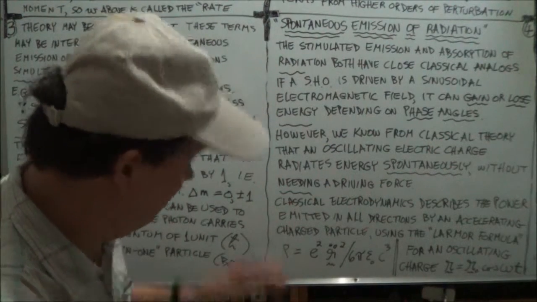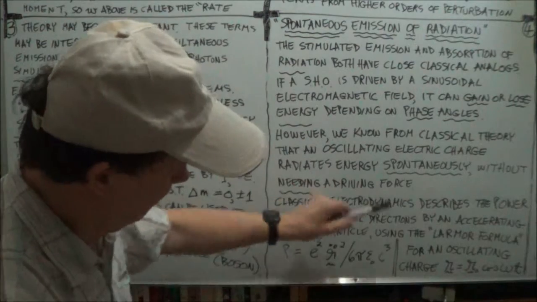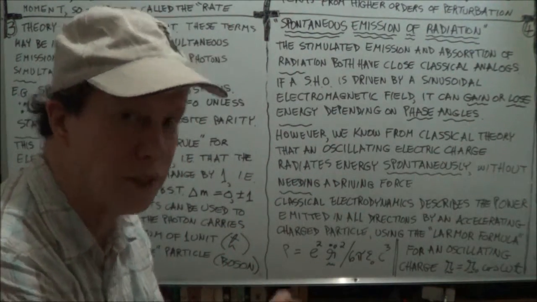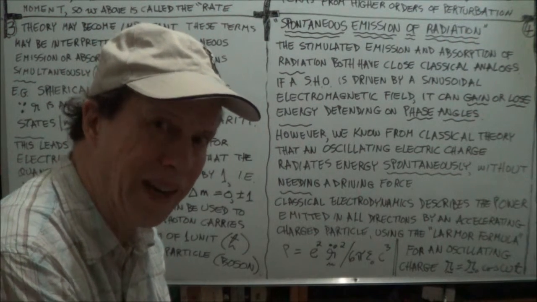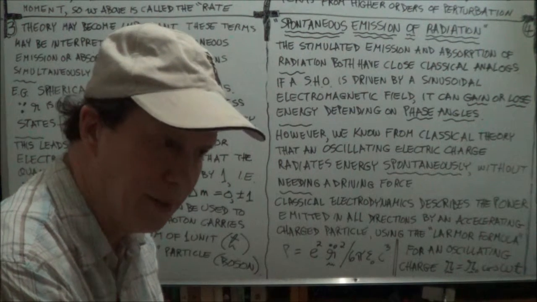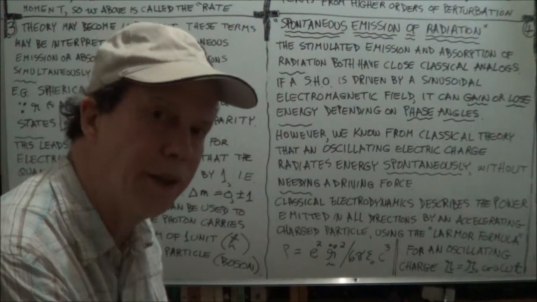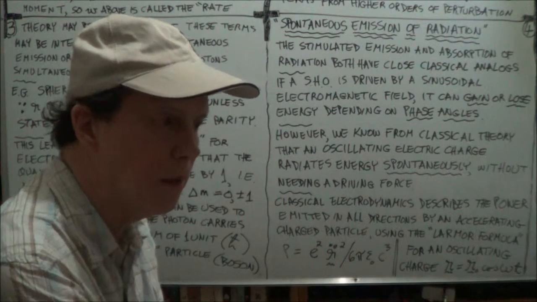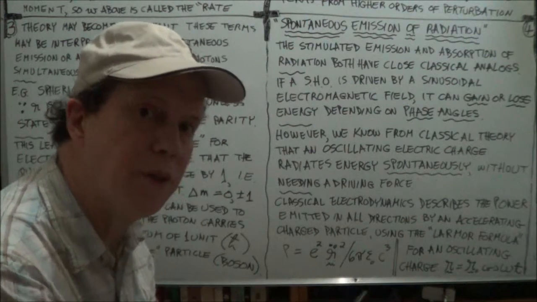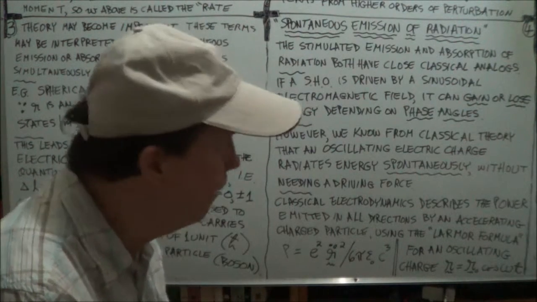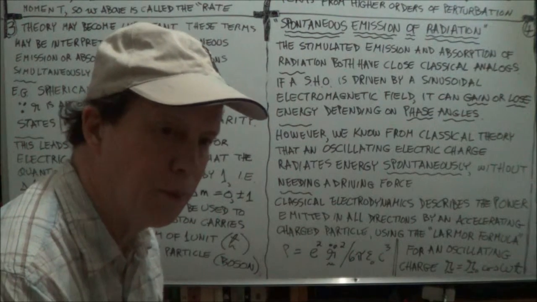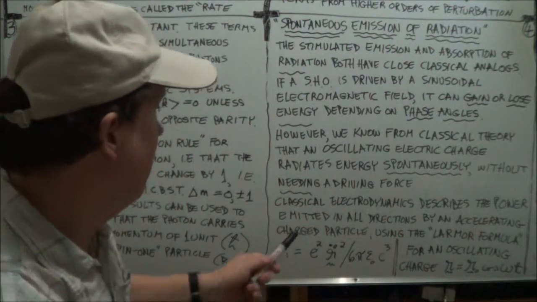Now, we take a bit of numbers and formula from classical electromagnetic theory, and we can then use that as a kind of guide, a motivator, a bit along the style of the correspondence principle. I've done that quite a few times in these lectures, using the corresponding formula from classical mechanics.